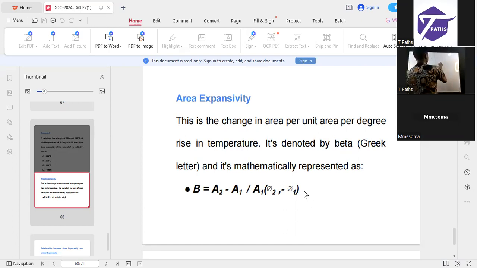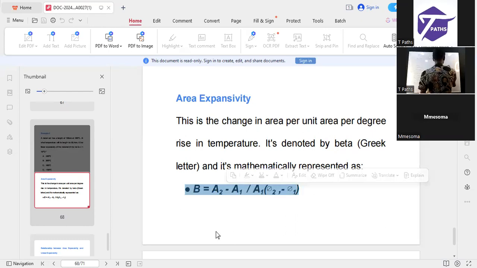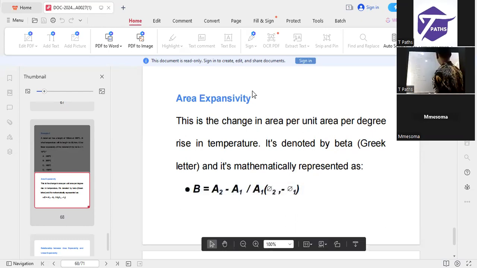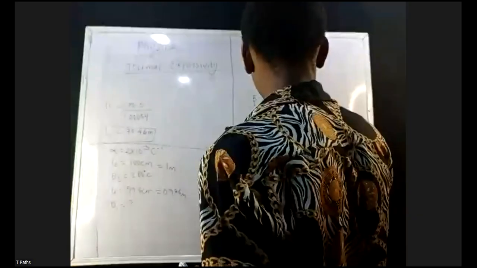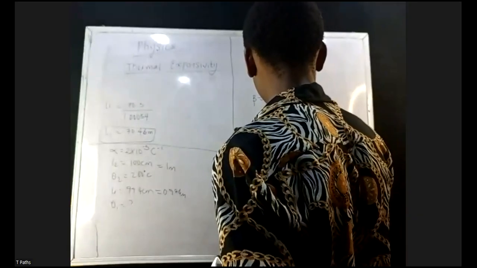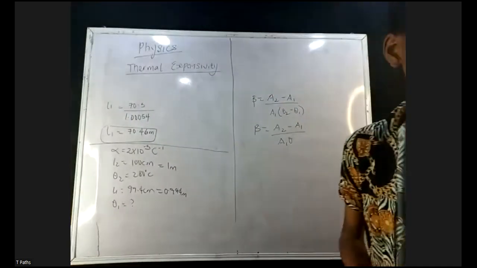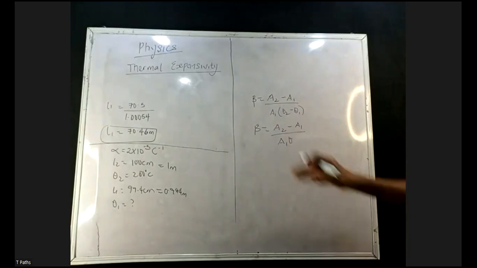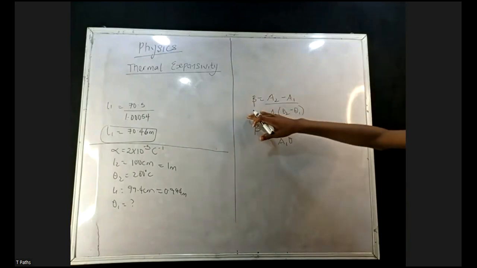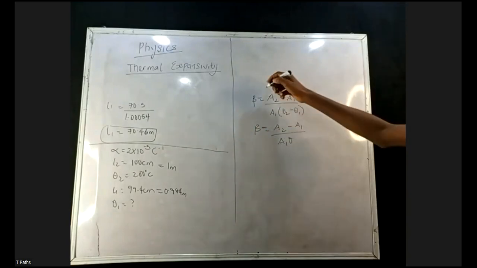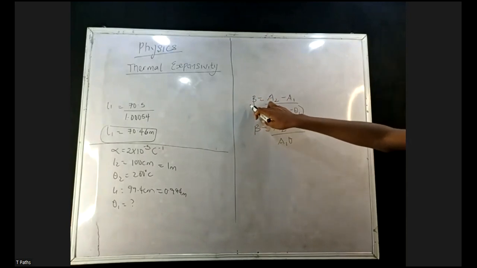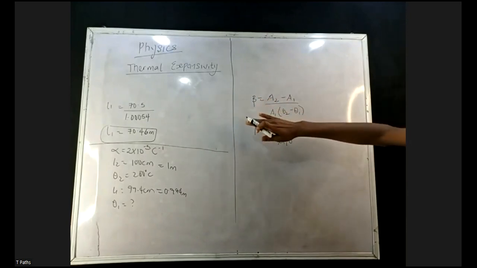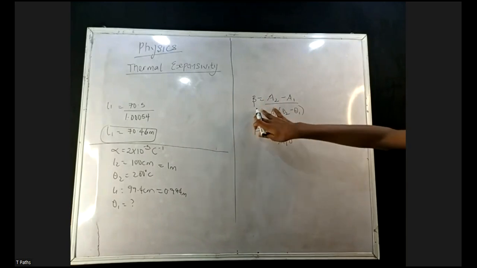Beta is equal to A2 minus A1 over A1 times theta 2 minus theta 1, or you can say beta is equal to A2 minus A1 over A1 theta. All right. So here is the formula for calculating area expansivity, or superficial expansivity. This is beta, the representation or denotation of area expansivity.